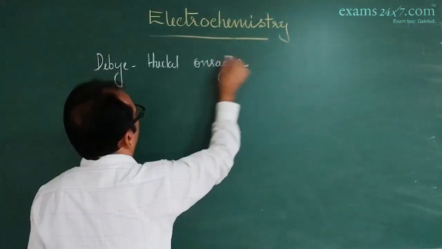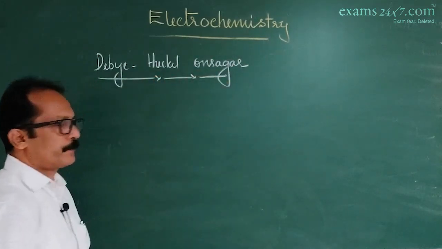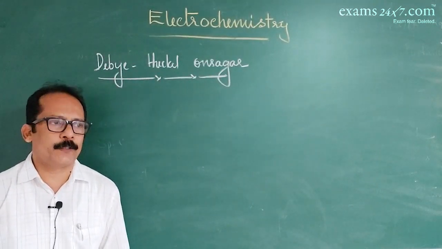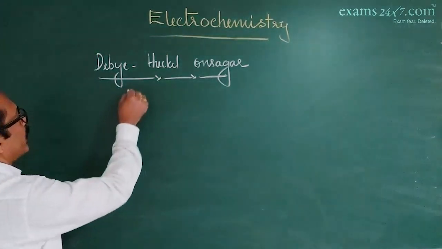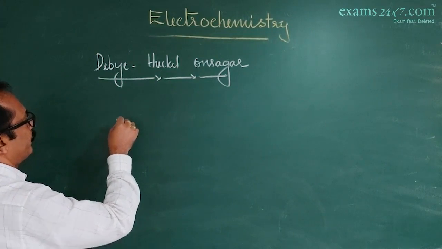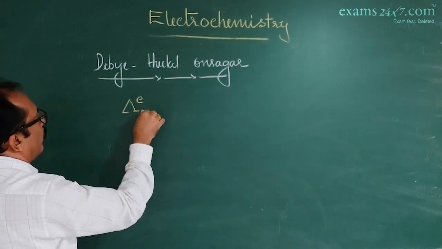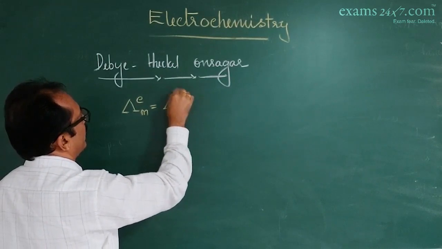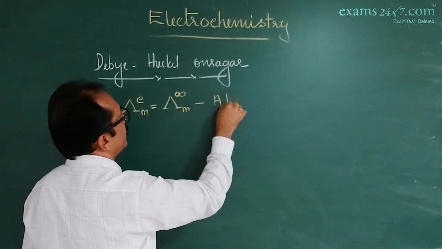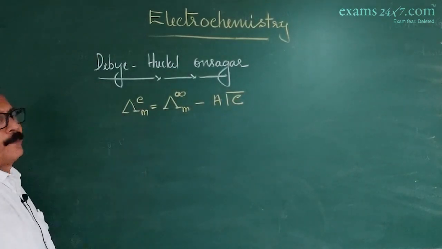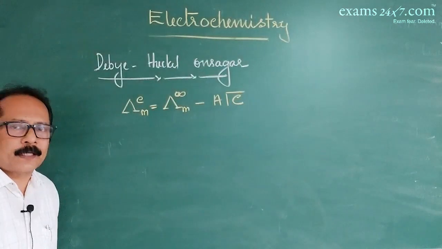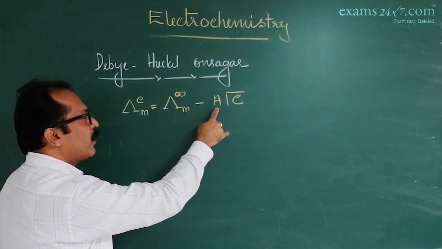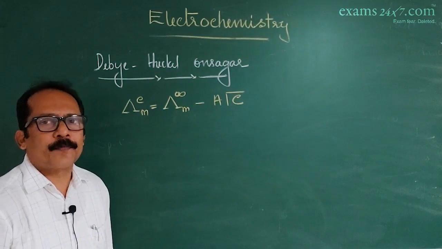According to the Debye-Huckel-Onsager equation, molar conductivity with respect to concentration is equal to molar conductivity at infinite dilution minus A into root C, where the first term is the molar conductance at concentration C, the second is at infinite dilution, A is a constant and C is the concentration of the electrolyte.